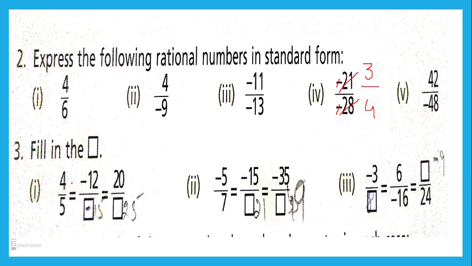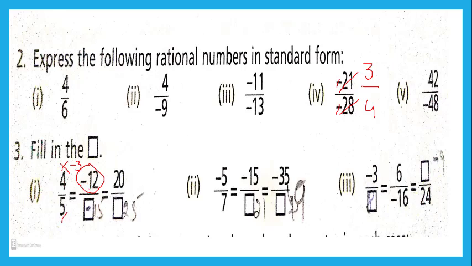So I can see over here there is this 4, and something is multiplied with this 4 and the result is minus 12. So I can see that 4 is multiplied with minus 3 and the answer is minus 12, because 4 3s are 12, and 4 multiplied by minus 3 is minus 12.